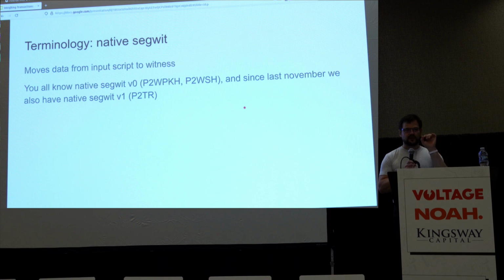So all of the native Segwit outputs encode a witness program after a version in the output. If I talk about native Segwit output, this applies to all of these, but my example will be a pay to taproot transaction, just to clarify. Any questions on that so far? All right, cool.